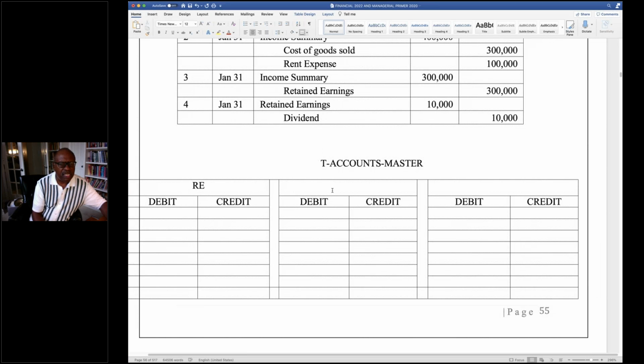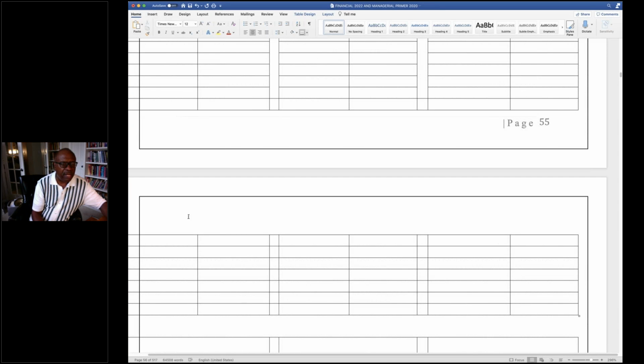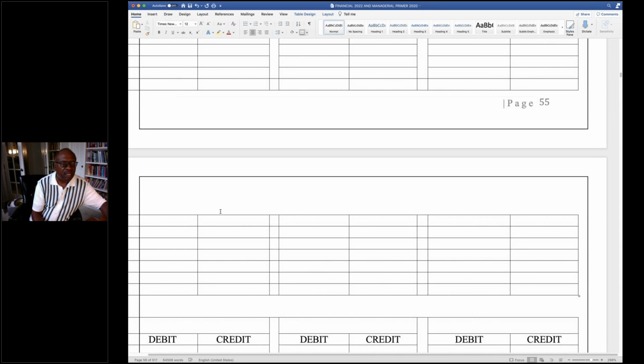We have the income summary here. And we had dividends here. On the next line, we have what? Sales.